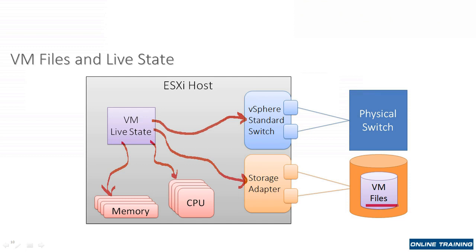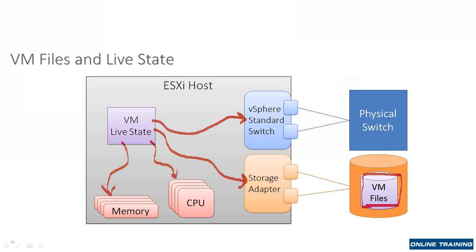But the virtual machine is also made up of a set of files, right? Some of these files include our VMDK file, the virtual disk of our virtual machine, and the VMX file, our configuration file. And those files are located on a data store. And a data store is simply any storage technology that has been prepared to house virtual machine files.